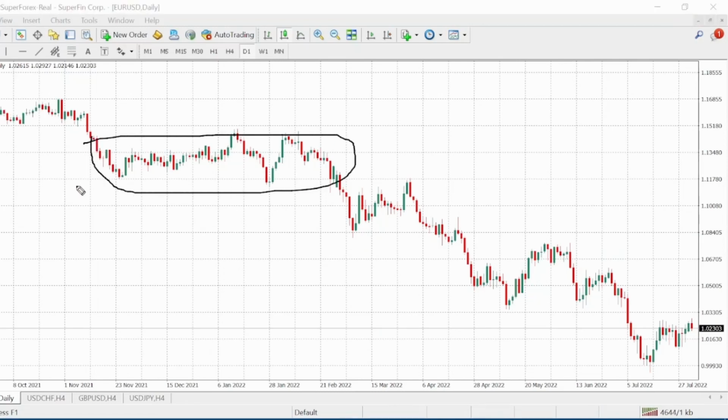So you want to look for area of value. And there are numerous ways to define the area of value. It can be support and resistance, trend line, moving average, and many more. Let me show you what I mean.